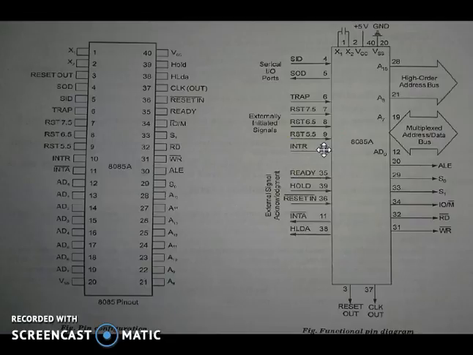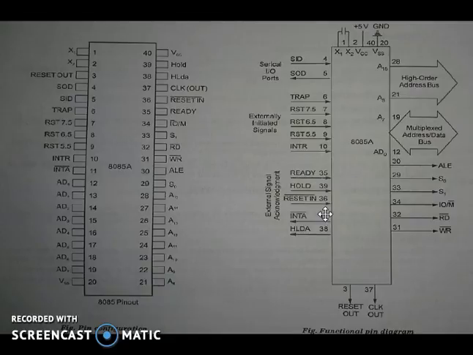And it can be used to interrupt a program execution. Next we have the interrupt acknowledge, INTA, the 11th pin of the microprocessor, and this is used to acknowledge an interrupt request.